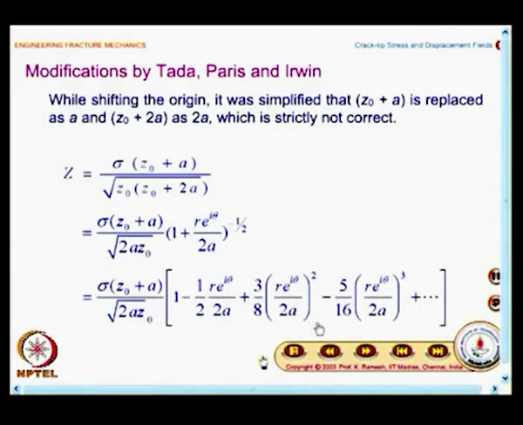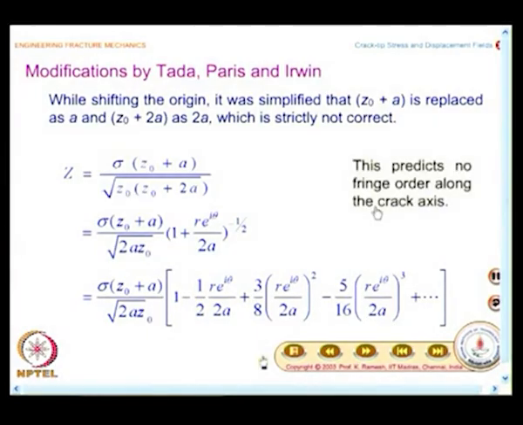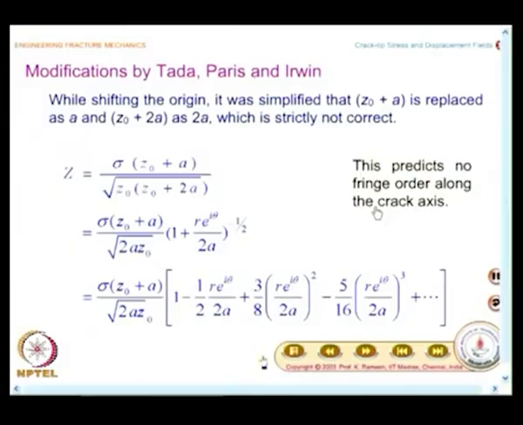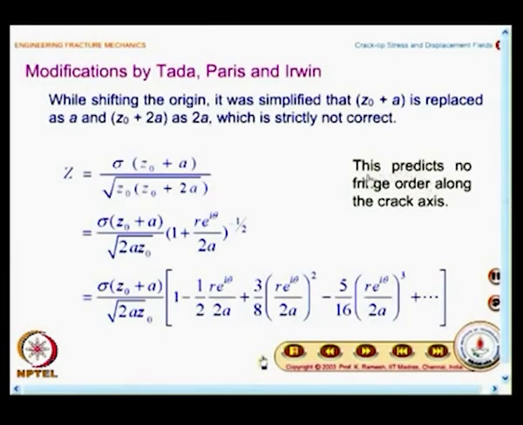So, you essentially get a series solution, and if you look at whether it has helped in satisfying what is seen in the experiment, it has not done so. Though it is not shown here, along the crack axis it predicts no fringe order, very similar to the original Westergaard equation. Though this modification was tried, it was not useful.